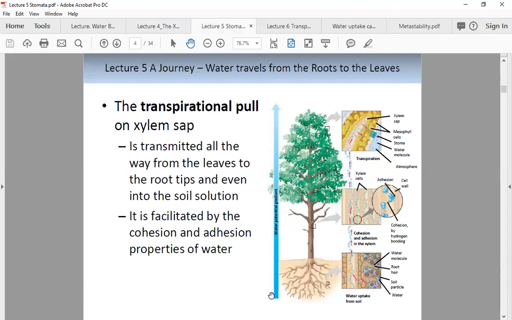Sorry, does it move from high water potential here to low water potential, or is it in reverse? Should that say from the roots? Oh, hold on. From the roots to the leaves.